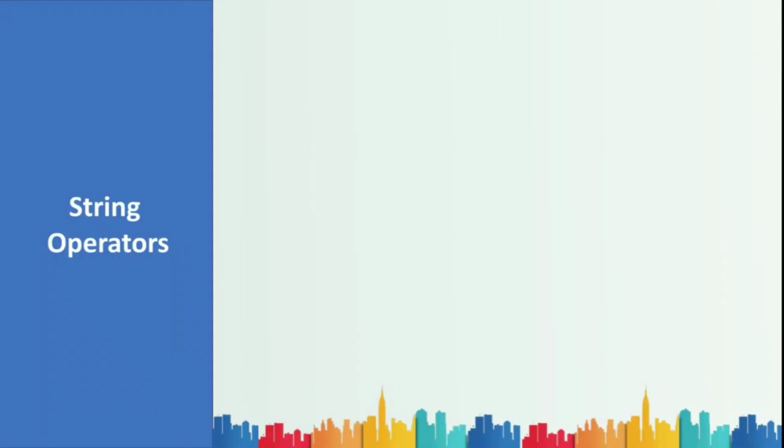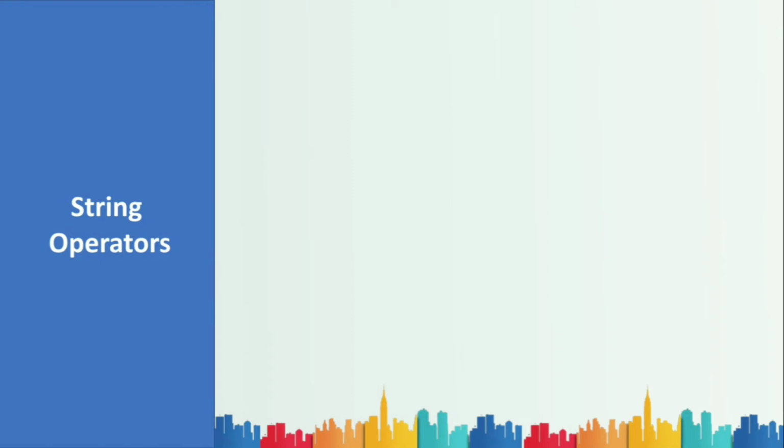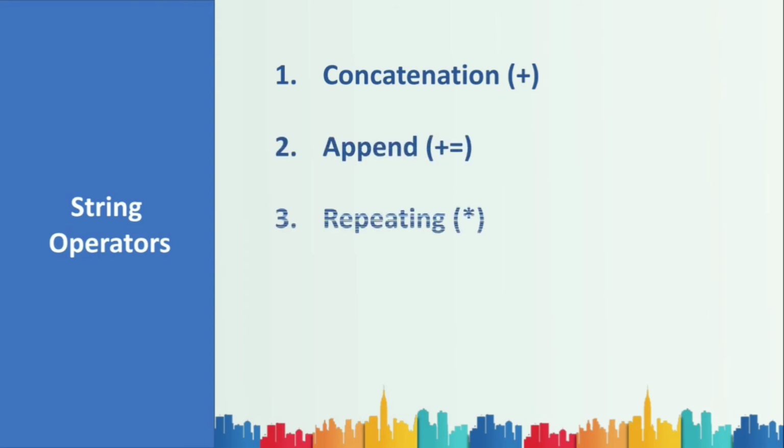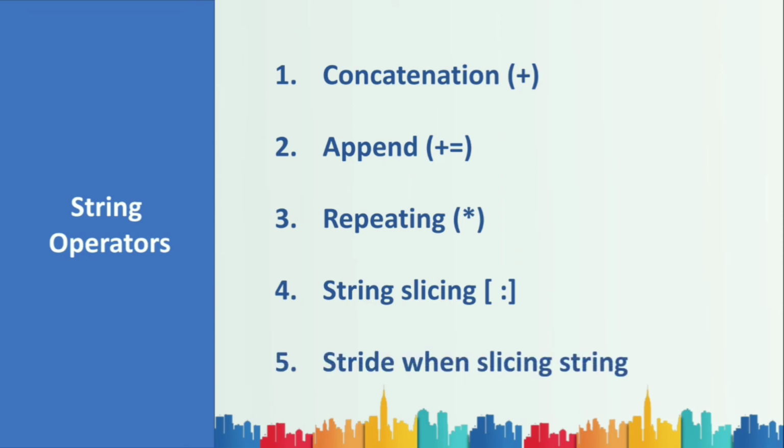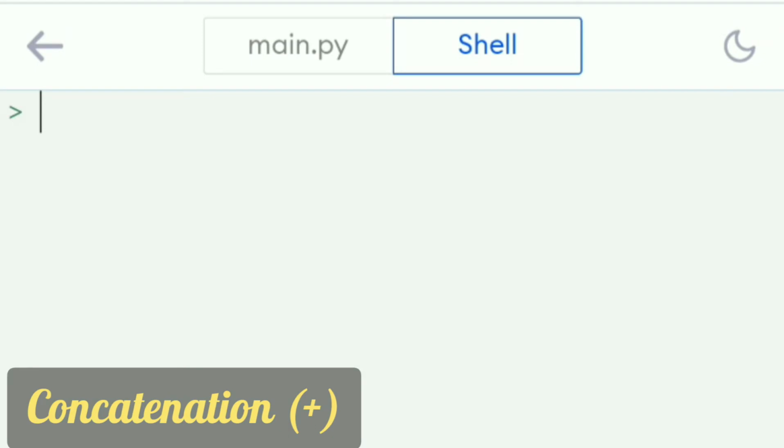And now you're going to learn about string operators. So string operators are used to manipulate string. The operators are concatenation, append, repeating, string slicing, and stride when slicing string. So let us start with the first operator, that is concatenation.